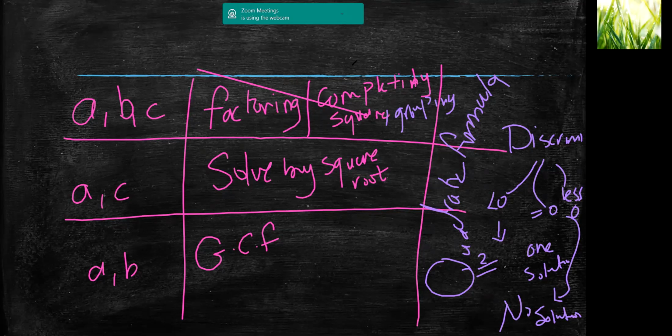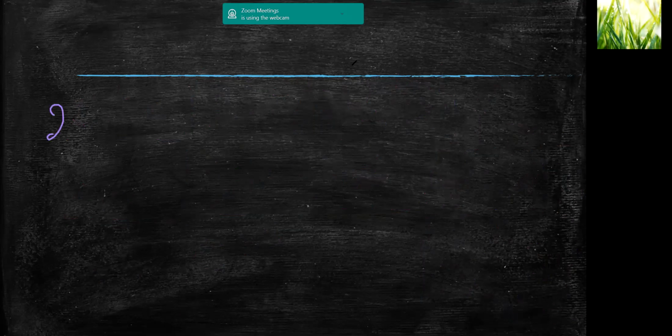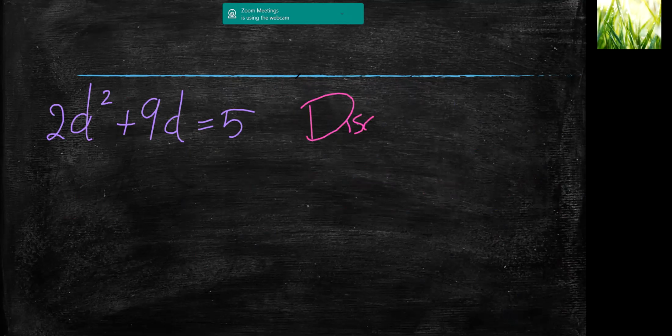Now, let's have this example here. If you have 2d squared plus 9d equals 5, I want to know if there's a solution for it, and how many solutions there are for this equation. What do we have to do? There's another simple way we use, which we call the discriminant.